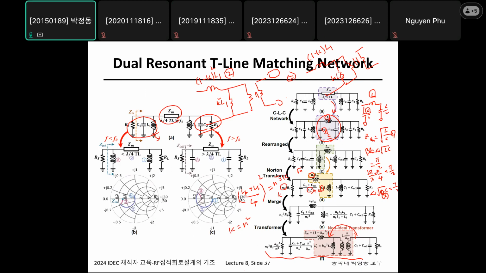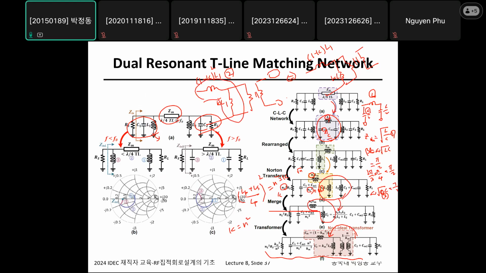Just 보면 똑같아. So you just merge this together, right? Here. So eventually it looks like this. Okay, and also for this matching network, this is exactly the same as this, right?